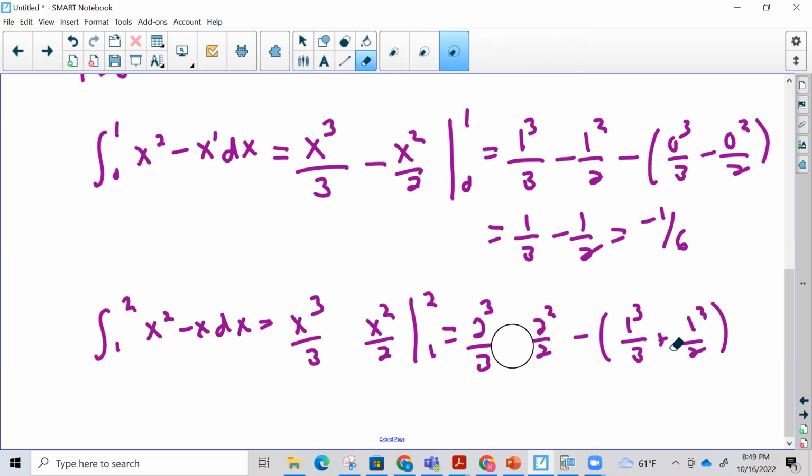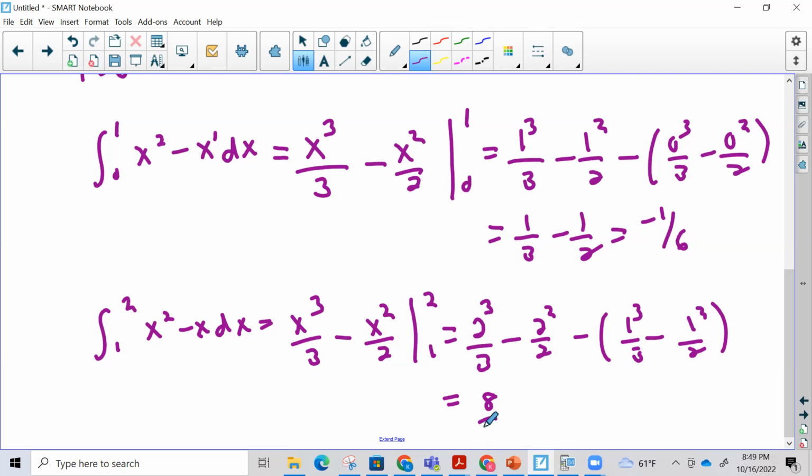It should be minus, I just changed it. So we get 8 over 3 minus 4 over 2, minus, okay, we did this before, it's 1/3 minus 1/2, so it's -1/6.